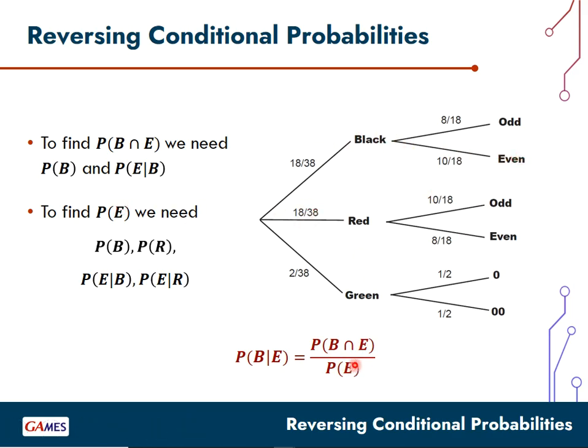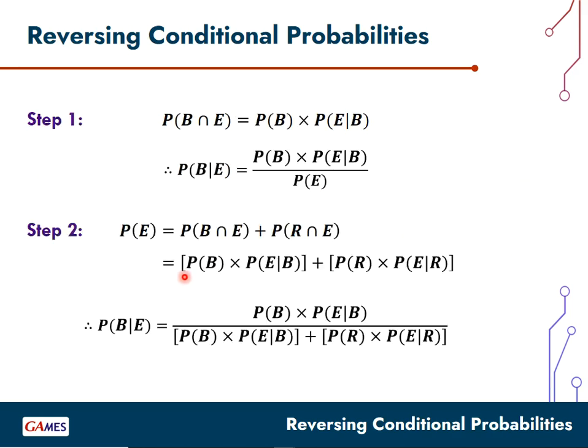Then I come to the denominator. I consider all the branches where the event occurs, multiply the conditional probability by the probability for each branch, and then add those two products together. So that gives me what I have here.